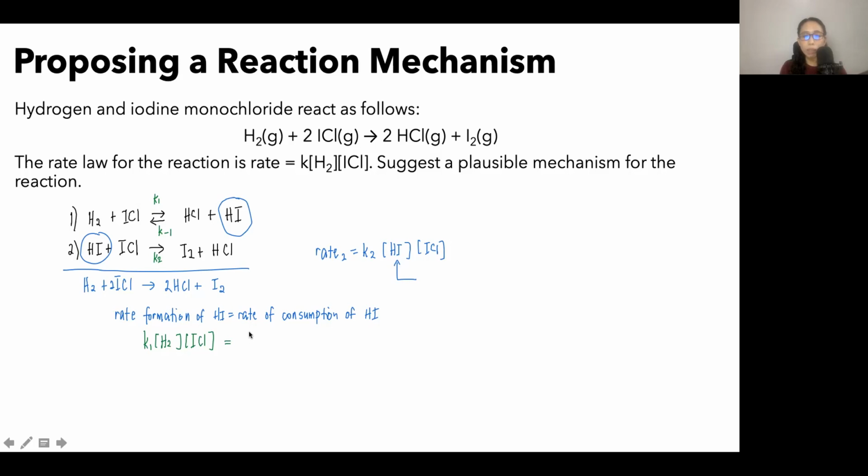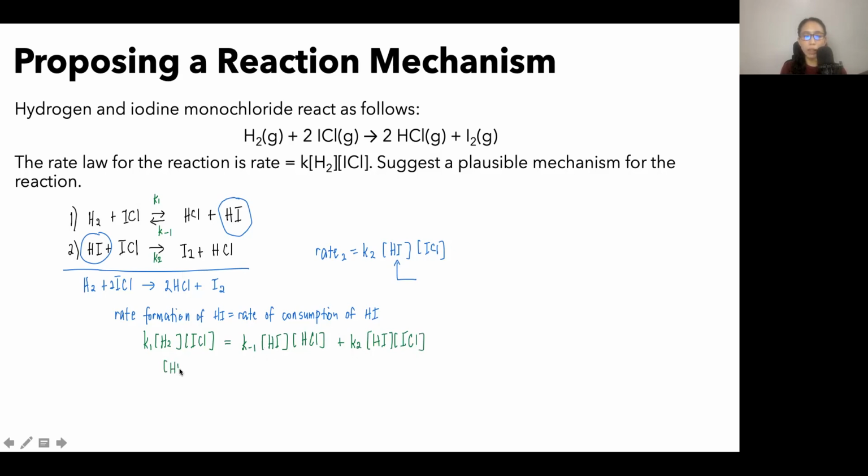Now, what are the steps that consume HI? Number one, the backward reaction of the first step. That would be k negative 1 times HI times HCl. And then the second step also consumes HI. That would be k2 times HI times ICl. And now, we isolate HI.